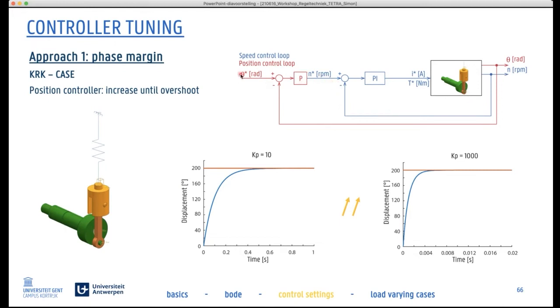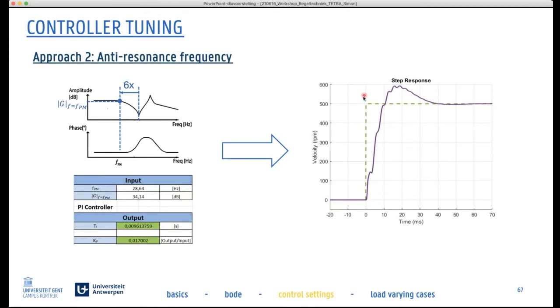We might apply a step on the position control loop, but most probably we apply a trajectory there. So we don't have to be afraid about this overshoot because we will not just apply a step. And we know for sure if we keep 6 times lower than the anti-resonance frequency that you actually will have a quite stable system, that you can rely on our worksheet to have stable values, to have a stable output.